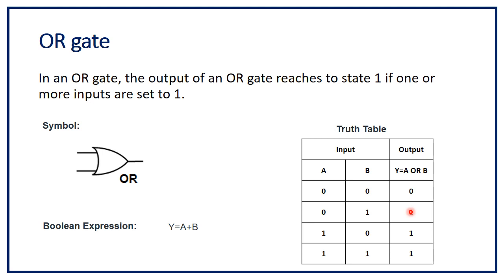The condition is that any one input should be 1 to get the output 1. In this case, A is 1 and B is 0, so output will be 1. In this case, A is 1, B is 1, then also output will be 1. So we can say if more than one input is 1, then your output will be 1 in the case of OR gate.